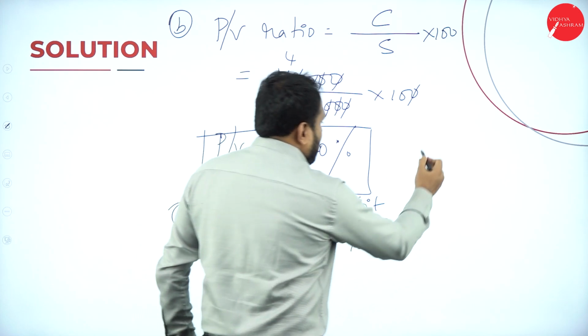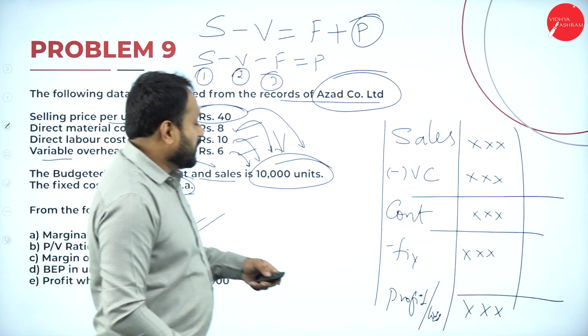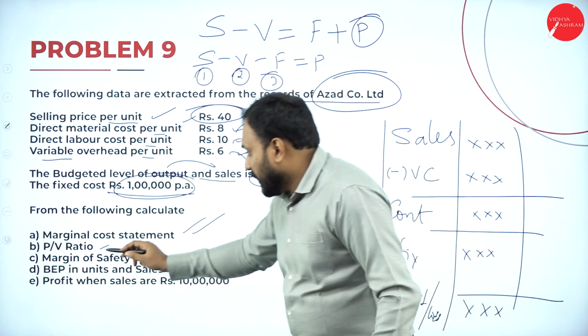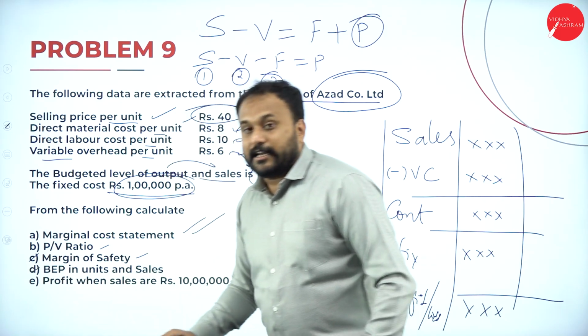Profit by PV. The same way here also. When we go with the question here, MOS is there, right? MOS, BEP in units and sales. Even these two I'll tell you how to solve.